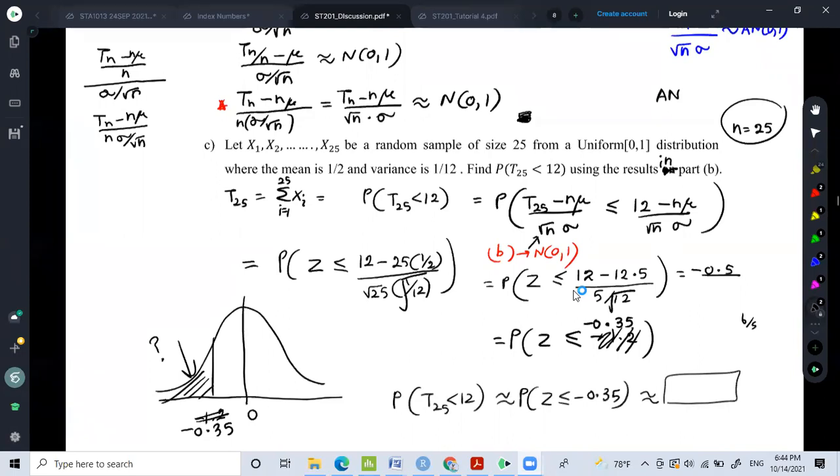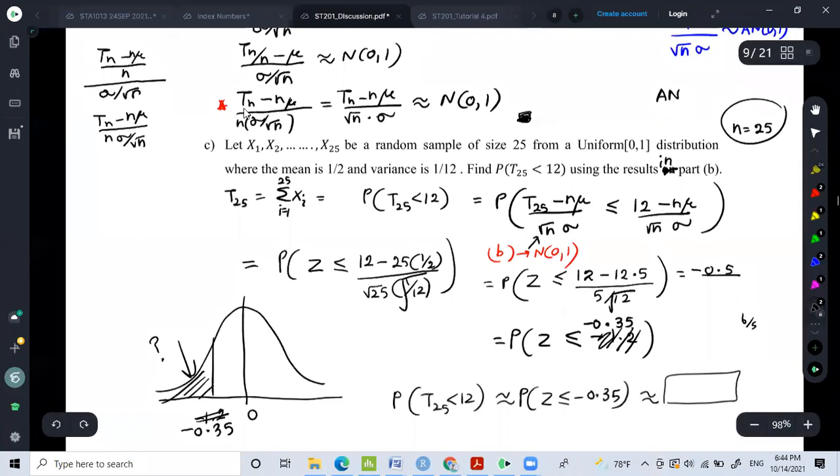But when you have to calculate Poisson or binomial probabilities with the normal approximation, in that case, you have to do the continuity correction. This is different. This is based on an approximation that you have already proved. Therefore, simply writing the approximate probability is enough.